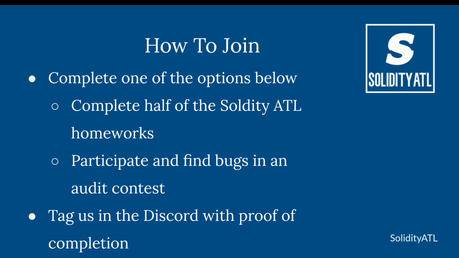This may change, so you can jump in the Discord and show your results as we go along. But the idea is that you have participated and found bugs in prior audit contests, and then also you need to complete half of the Solidity ATL homeworks. Once you tag us in the Discord with proof of completion, then you will be good to go.